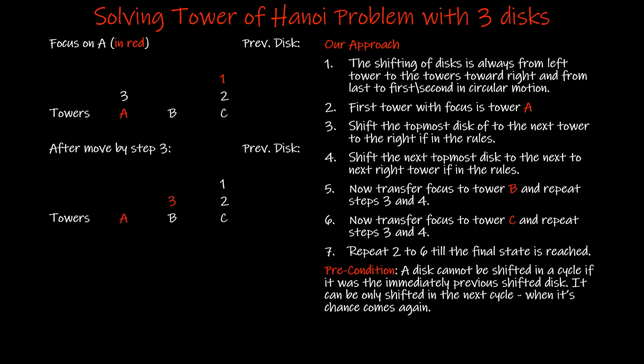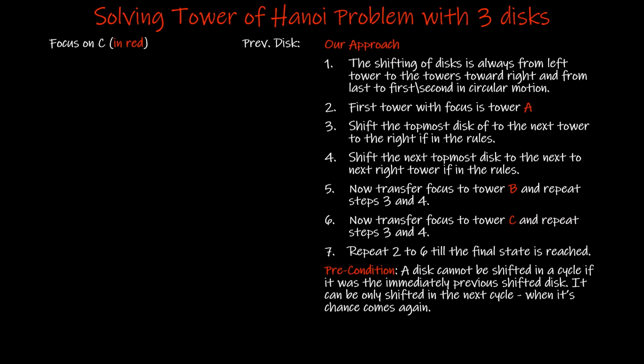We have shifted 3, right? And now we shift our focus to B. Right now, B again has a disk which was just recently shifted, and therefore it cannot be shifted again in this very cycle. And therefore, we shift our focus to tower C.